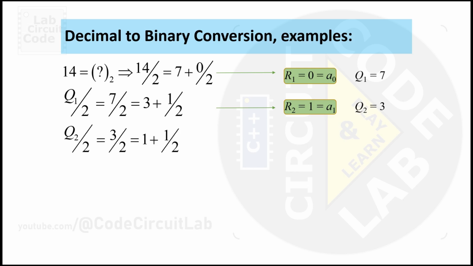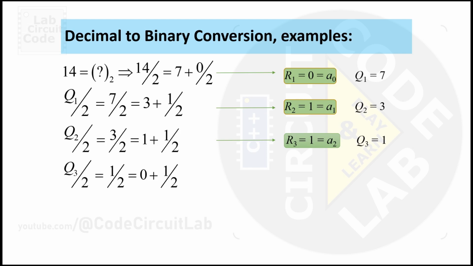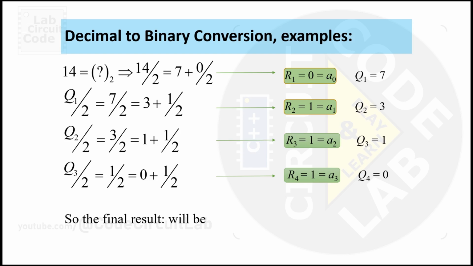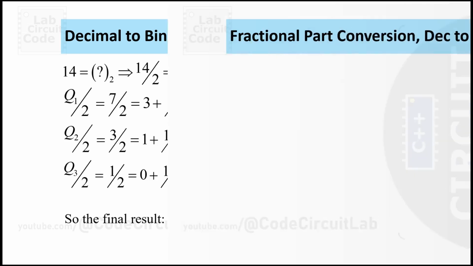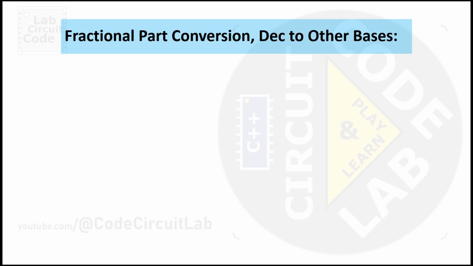Again, dividing the second quotient by 2, we get 1 as a quotient and 1 as a remainder. So we have found a2. And finally, dividing the third quotient by 2, we get 0 as a quotient and 1 as a remainder. So a3 is found. Our number would be 1110 in base 2.